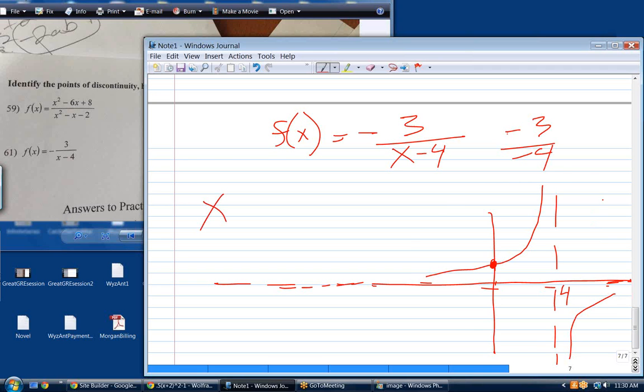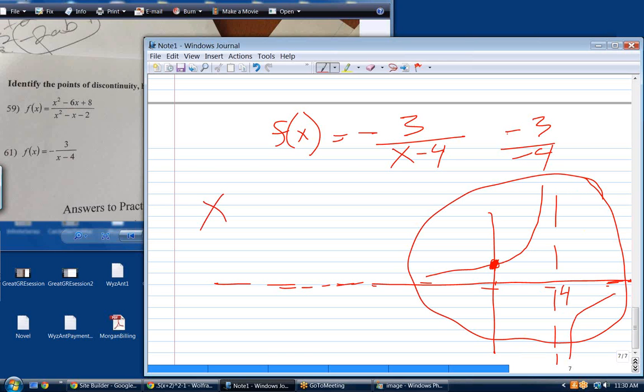So this graph is the correct graph. You can always determine whether hyperbolic equations are graphed properly by picking a value on one side or the other of the vertical asymptote. I picked 0, which was to the left of it, plugged in x for 0, got positive 3/4, so I know that point has to be on the curve. So this has to be the graph, not the first way I drew it.